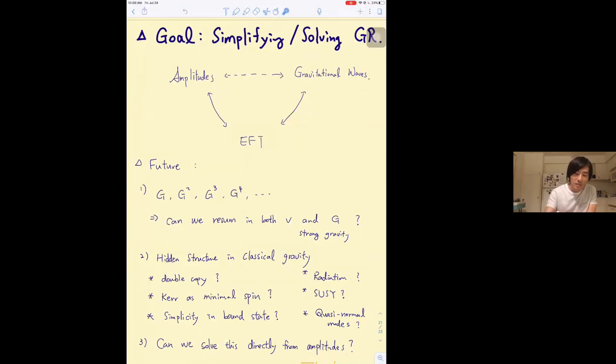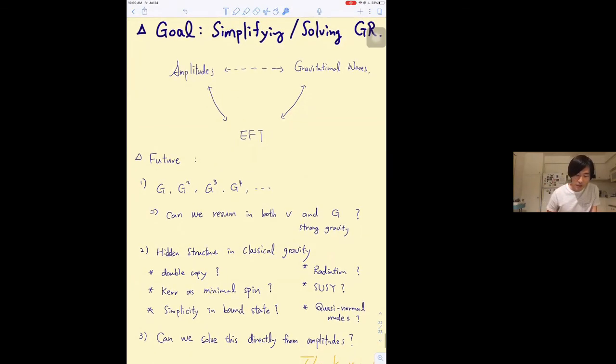The connection might not be very obvious, but one very simple and straightforward approach is to go to the effective theory, and that allows us to connect the beauty of on-shell physics and real physical bound systems of gravitational binaries. So I just want to mention some future work.